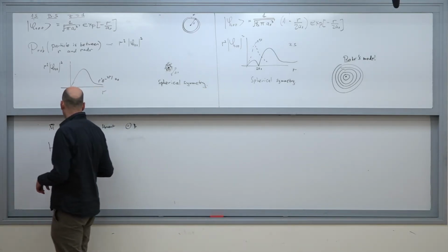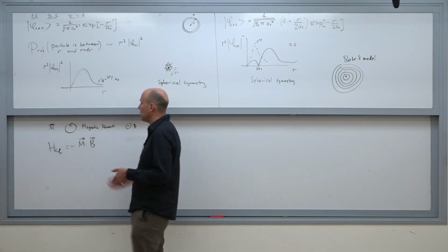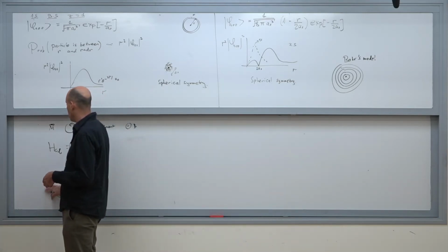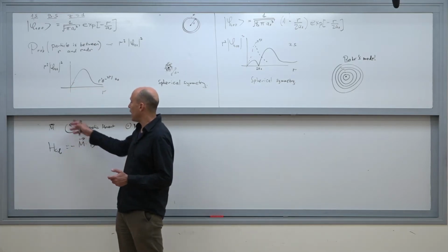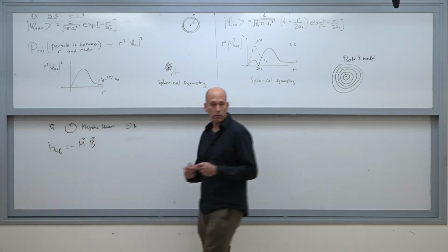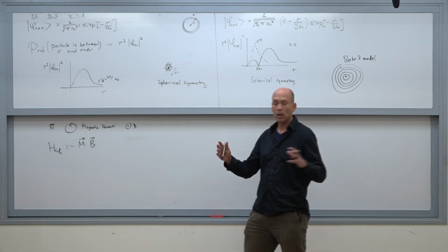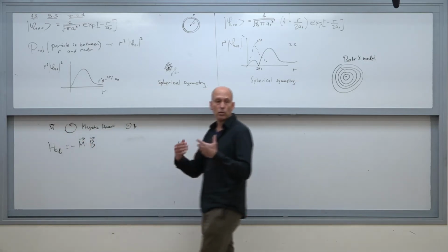How will we model the quantum analog? I mean, how will we quantize this thing? So the simple idea is this: M, what is it proportional to? It's proportional to the current here, right? It is also proportional to the size, but the more current you have, the bigger is your magnetic moment.